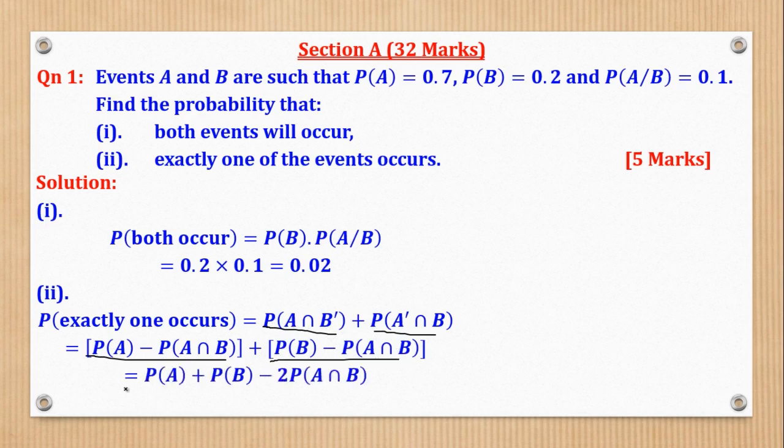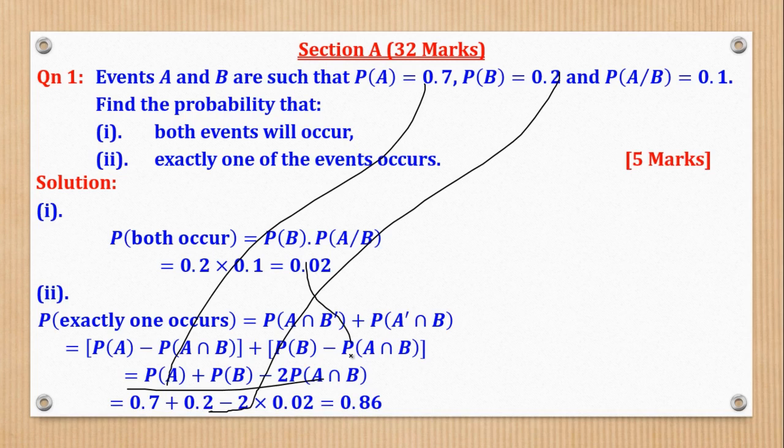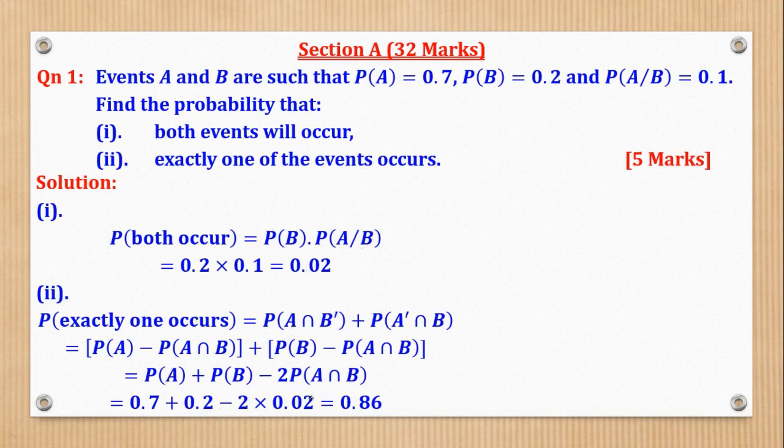When you rearrange, you come up with PA plus PB minus twice the probability of A intersection B. All these probabilities I have, so I'll substitute for PA, for PB, and for the intersection. Using a calculator, it gives me this. That is one way of answering Roman 2.